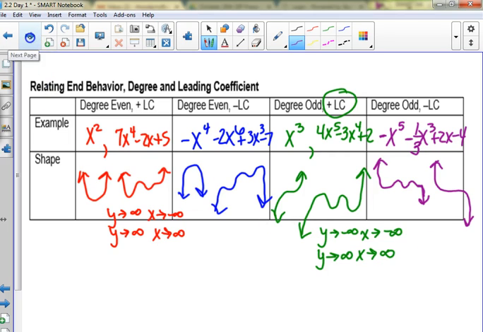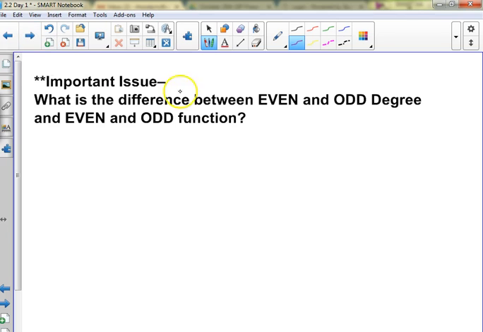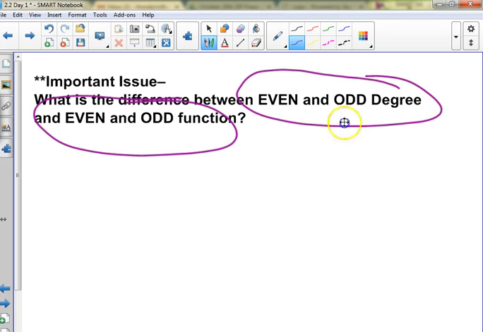Okay, what's the difference then, one more time, between an even and odd degree and an even and odd function? Even degree has to do with end behavior, yes? Same way, right? Both ends, same way.